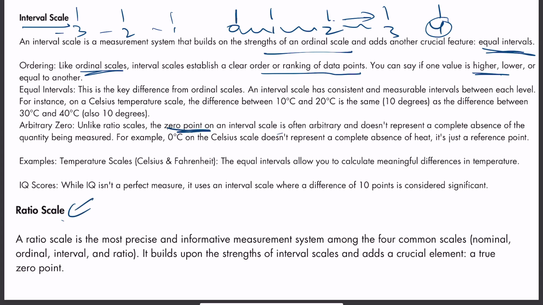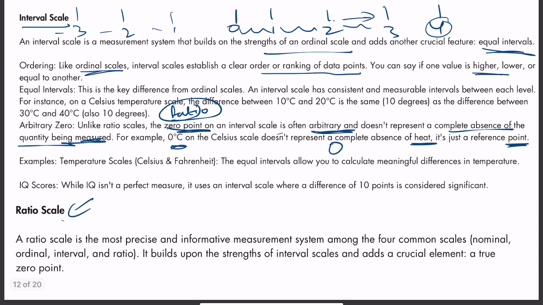But unlike ratio scale, and that's where the difference lies, 0 is often arbitrary and does not represent a complete absence of the quantity being measured. For example, 0 degree on Celsius scale doesn't represent a complete absence of heat. It's just a reference point.